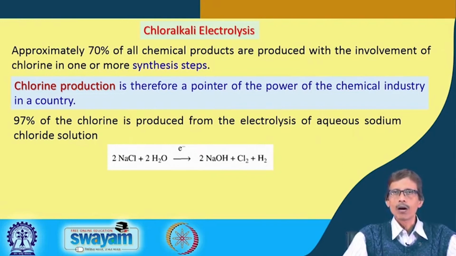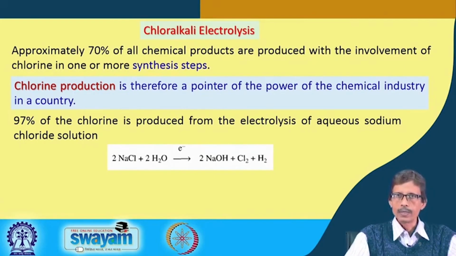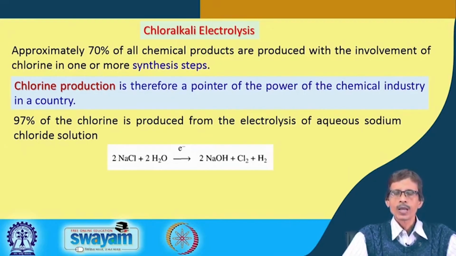So, you can take simple seawater or brine water supply, and only purify it a little bit so that your cell is not contaminated and the efficiency of production is higher. So you go for electrolysis of sodium chloride.